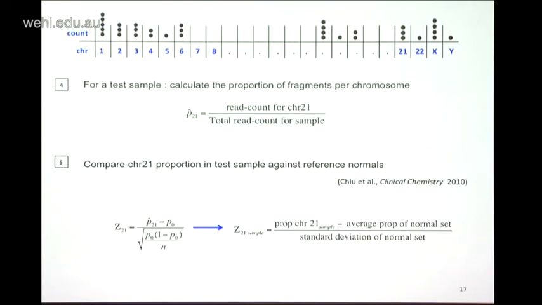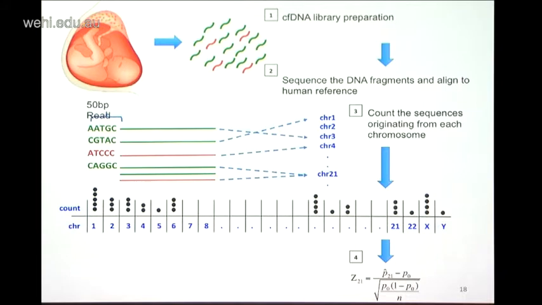Then you divide it by the standard deviation of the normal set. It gives you a Z-score for each of your test samples. A Z-score is basically a distance away from the average of your normals. That is what a standard pipeline looks like for non-invasive prenatal testing.